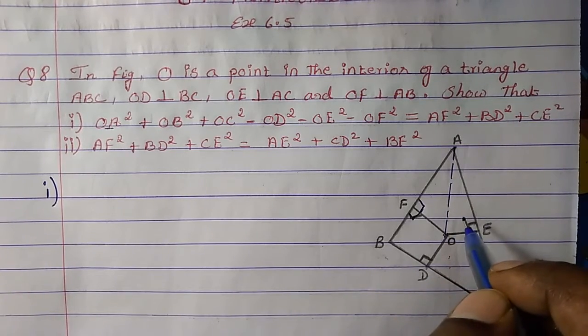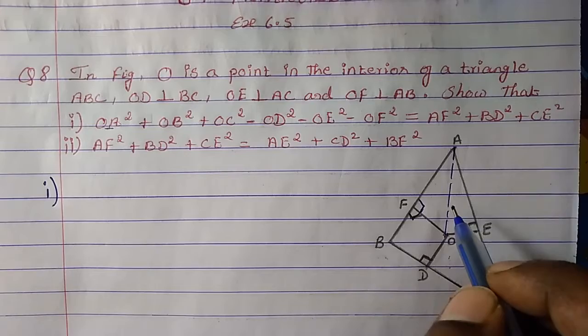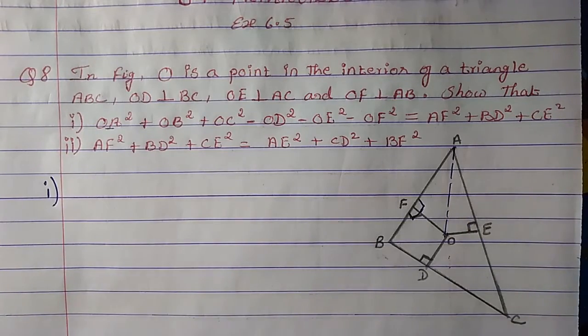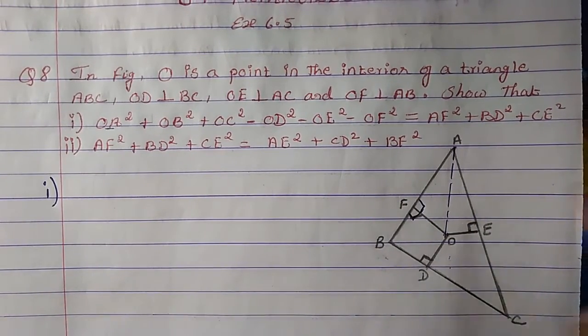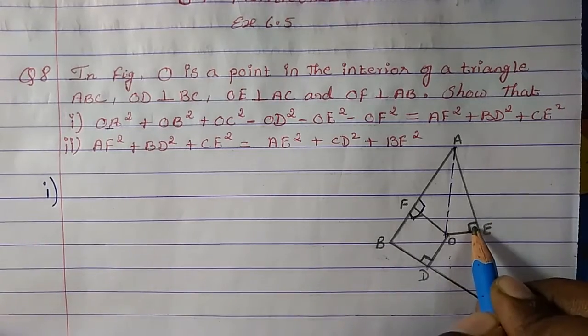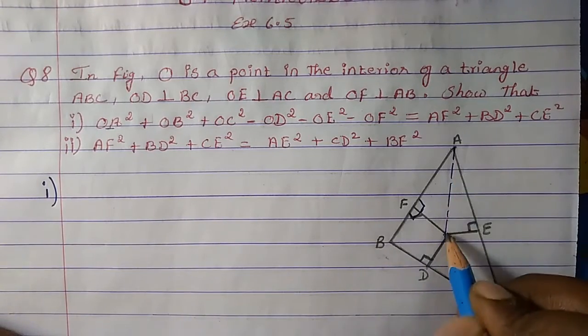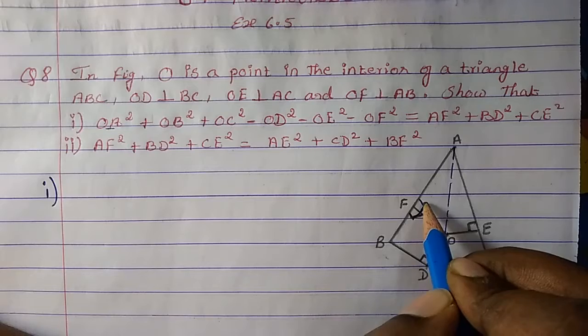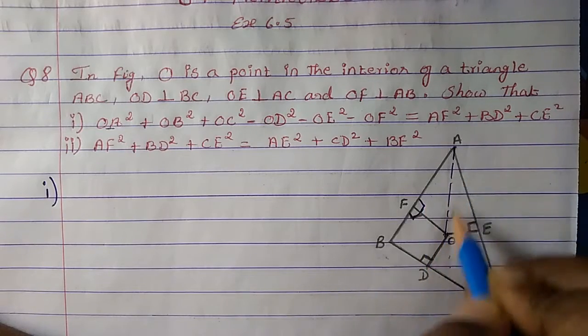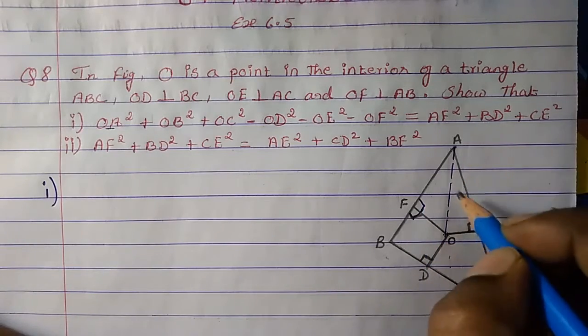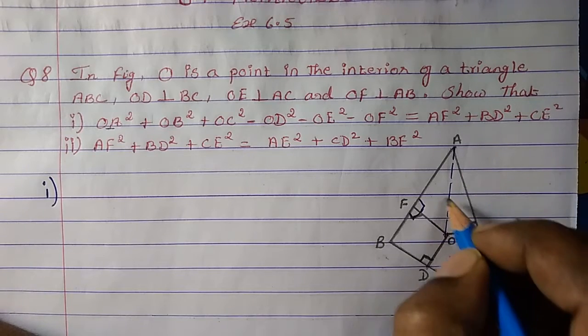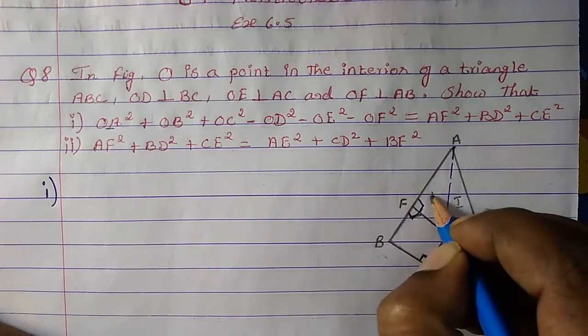So which one shall we take? Now we have to use the Pythagoras theorem. We have two triangles here. This is also 90 degree, so for this, OA becomes the hypotenuse. This also is 90 degree, so for this triangle also this becomes the hypotenuse. Let's take this as triangle 1 and this as triangle 2.